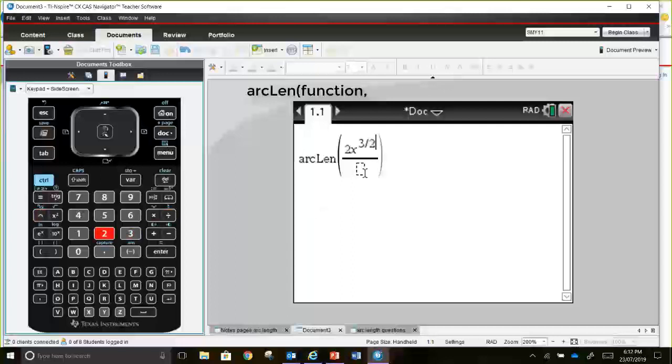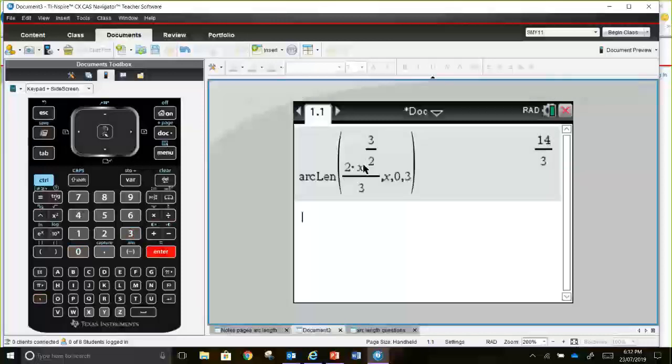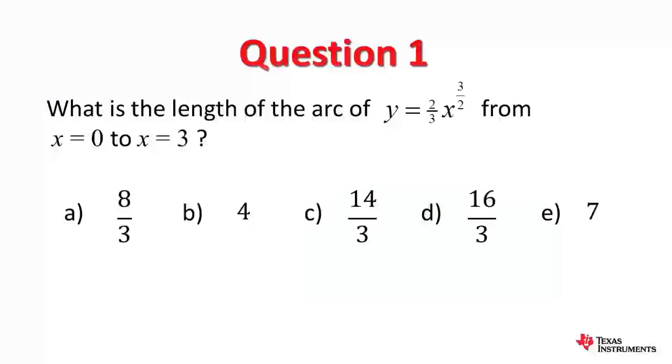The variable is x, and x varies from 0 to 3. When we press enter, we get our answer, 14 on 3. Because we have a function here, we enter the expression, the variable, and the limits. So going back, we can see that the correct answer here is C.